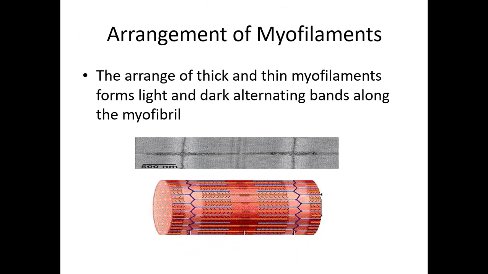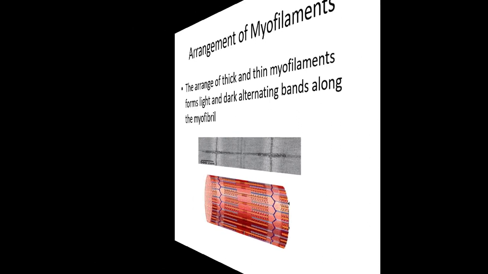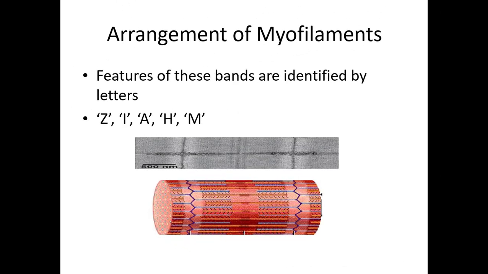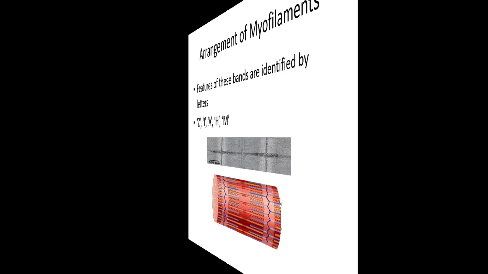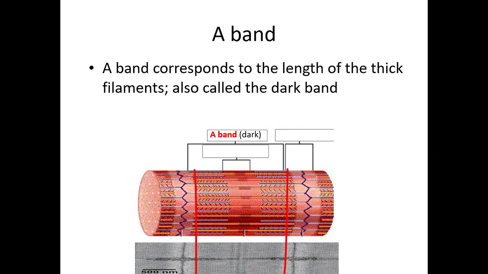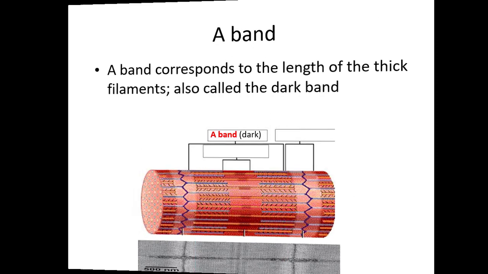An arrangement of thick and thin myofilaments forms light and dark alternating bands along the myofibril. A few of these bands are identified by the letters Z, I, A, H, M. The A band corresponds to the length of the thick filament, also called the dark band.